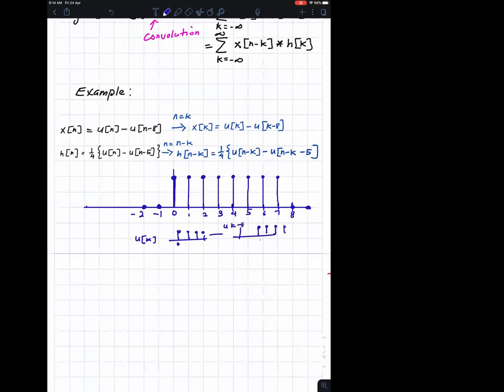That starts from 8, 9, 10, 11. So when you subtract them, the signal at 8 will disappear and go to 0.